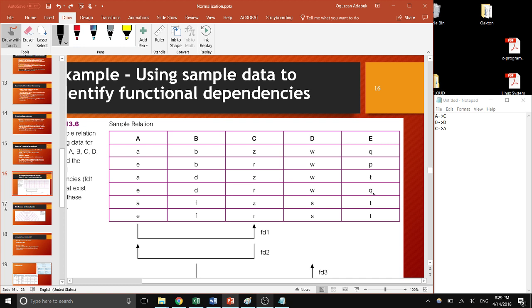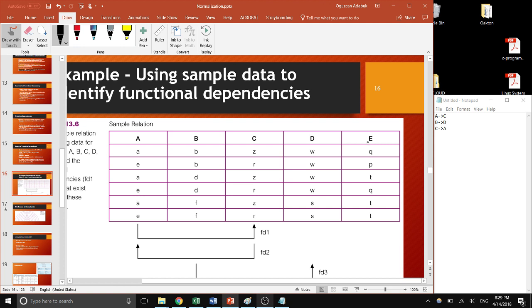For Q it's E. So this one does not hold because for Q you have A and E. Therefore A does not functionally depend on E. Let's look at B. Q, B, P, B, T, D, Q, D. It breaks because we already have Q and B. Therefore, you cannot have Q and D.